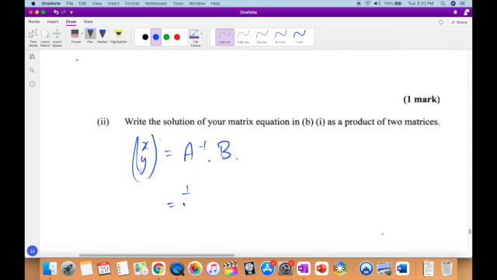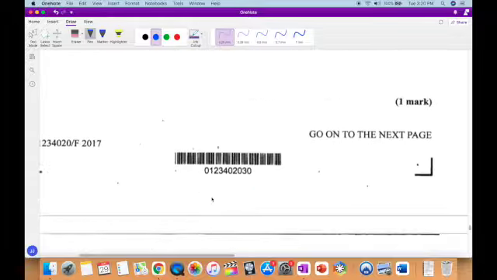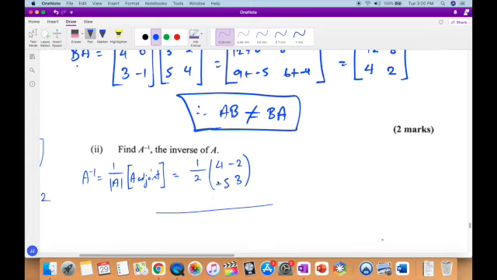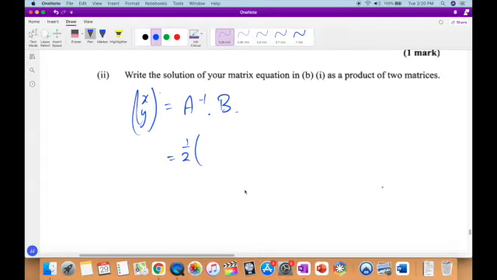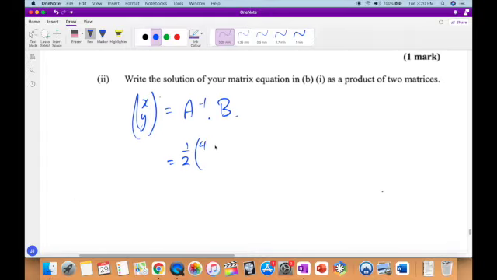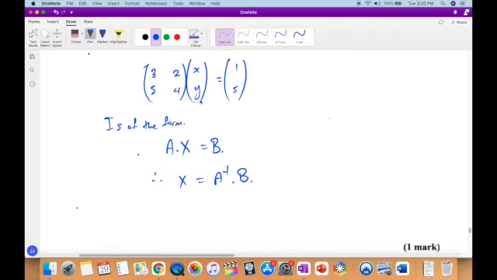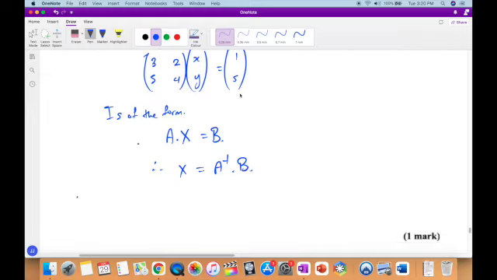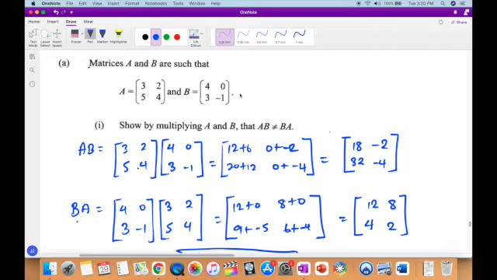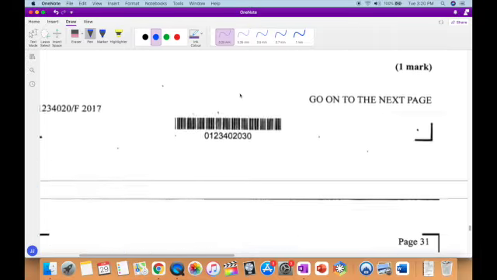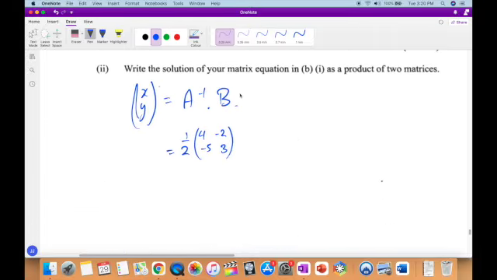That is A inverse, being a half into the matrix [4, -2; -5, 3], times b. Well, I shouldn't really call it b, but I'll just call this one b, [1; 5]. There's already a matrix B in the question, so we don't want to mix them up. This b that we're talking about here is the matrix [1; 5].